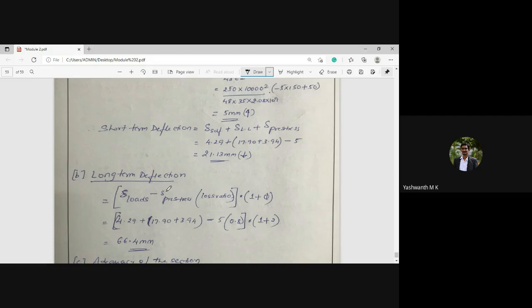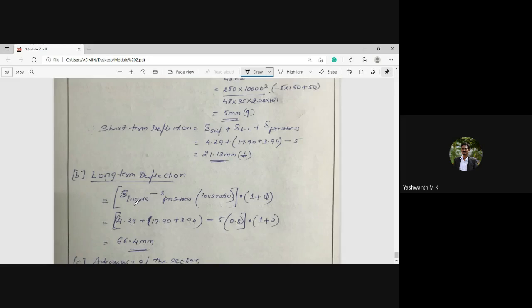That means the pre-stress force that has been induced, taking into consideration the loss ratio, multiplied by 1 plus creep coefficient. In the previous case, no loss of pre-stress was given in the problem, but in this particular problem the loss ratio is given. So you need to multiply this loss ratio to the deflection due to pre-stress. Did you get my point?